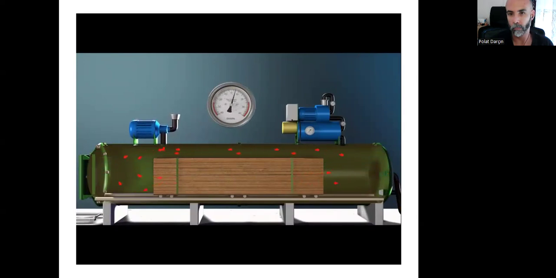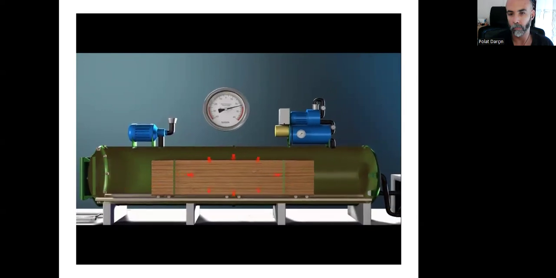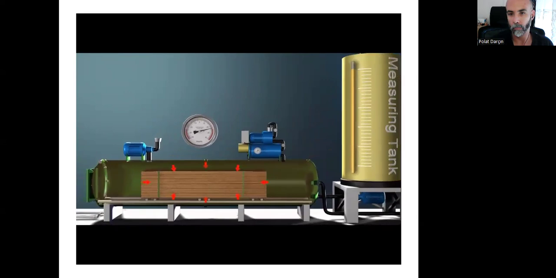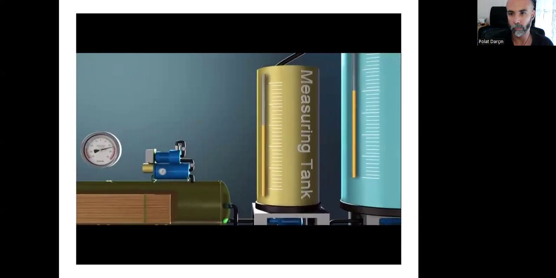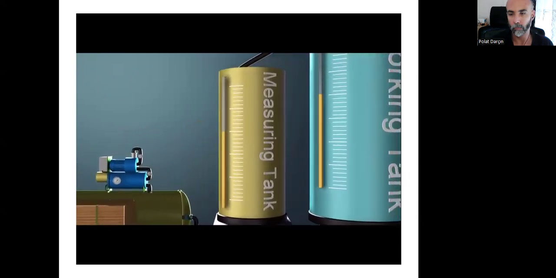The pressure is gradually raised to a specific level and maintained until the required amount of preservative has been pumped into the timber from the measuring tank. The amount of preservative is pre-calculated based on the volume of the timber in the cylinder and the hazard class of intended use. The readings are taken from a sight glass or float level attached to the measuring tank.